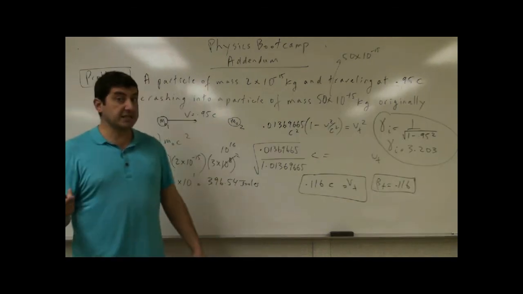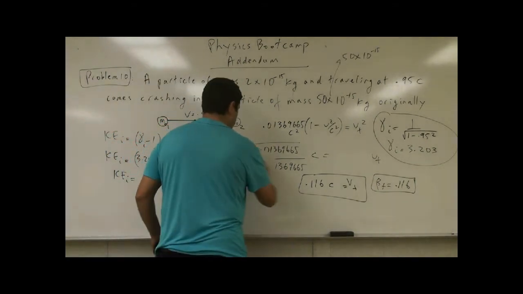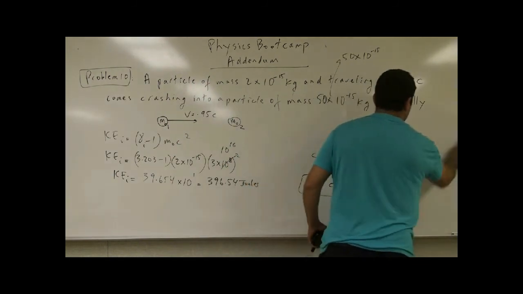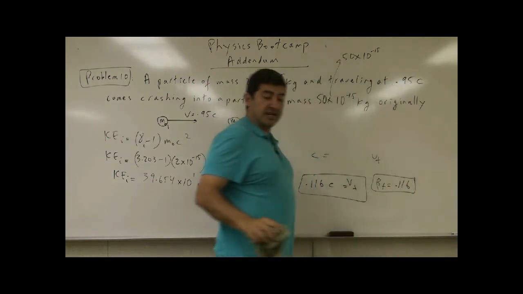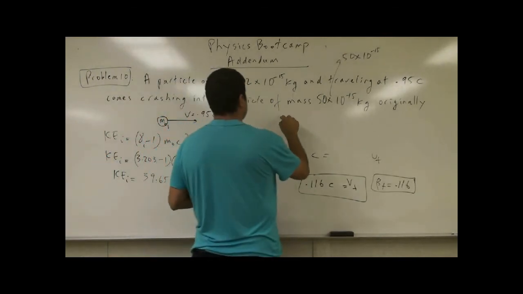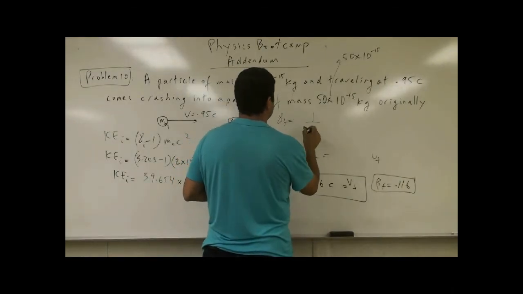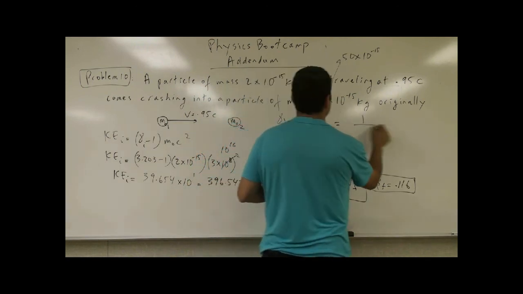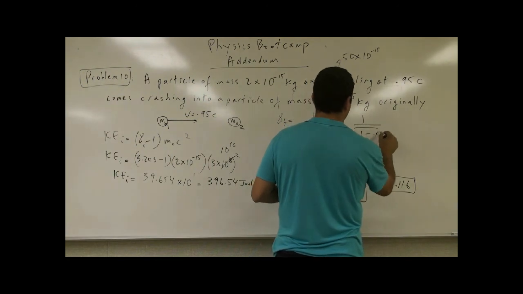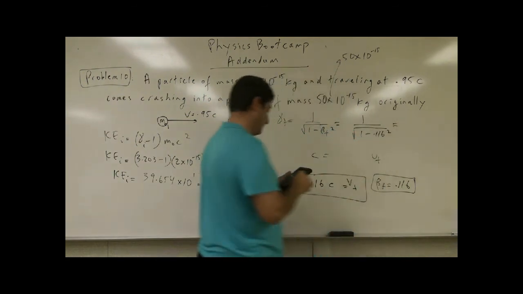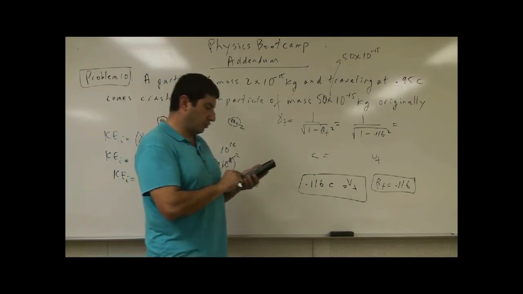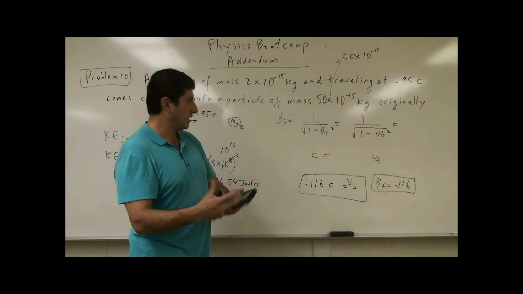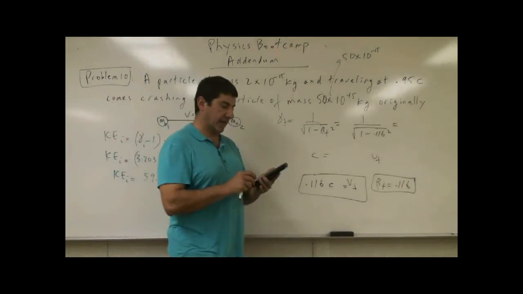Okay, what is the final kinetic energy? Well, we're going to do similar. Let's calculate the final gamma. Gamma final is equal to 1 over square root of 1 minus beta final squared, 1 minus 0.116 squared. I'm taking the final velocity of the combined particle, and I'm doing the same things to get the final gamma.